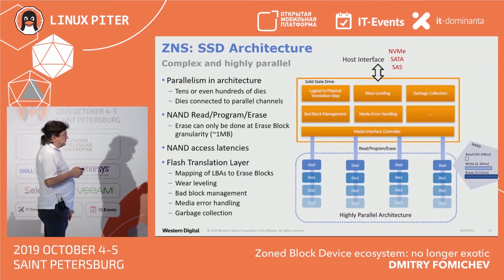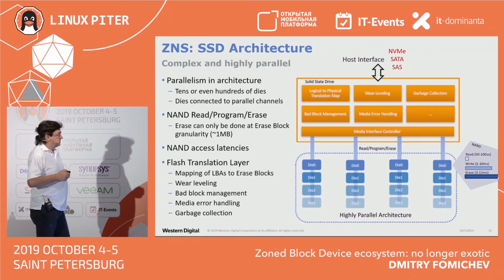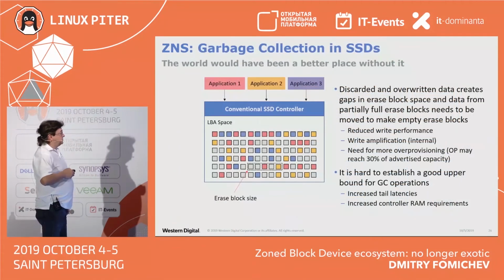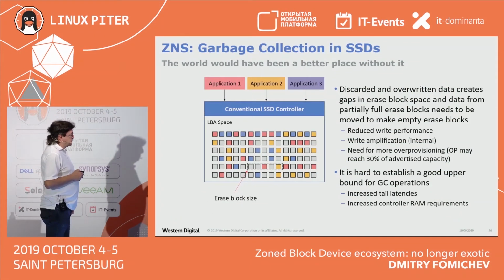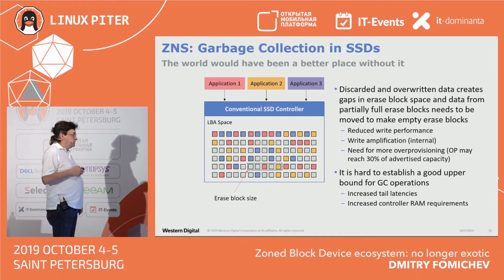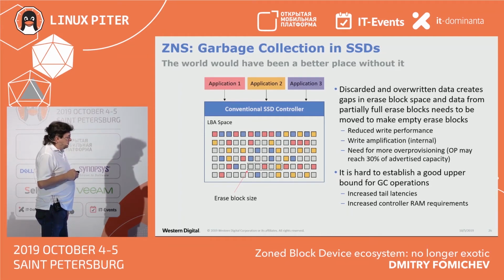The important thing, to remind you, is that flash can only be erased in erase blocks about 1 meg in size. It can't be erased at word or byte granularity. So what happens with garbage collection? Internally, the SSD controller writes sequentially, but then some rewrites happen, and maybe a discard comes, and some data is invalidated, and eventually fragmentation happens on the blocks.